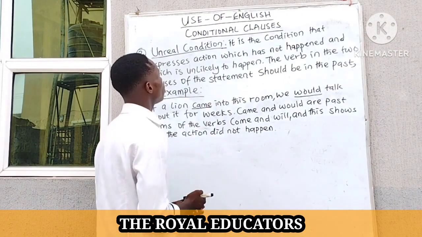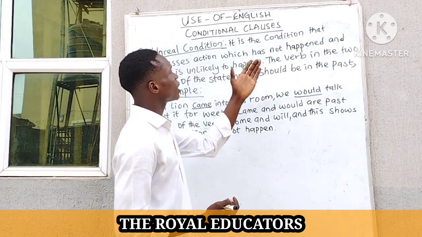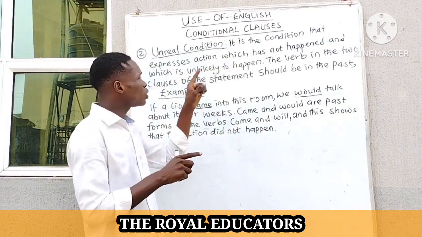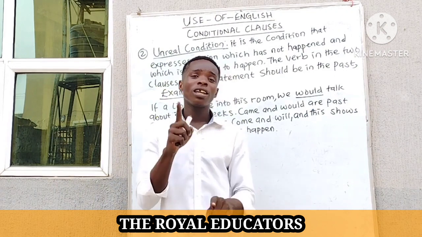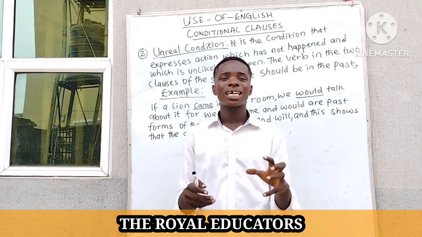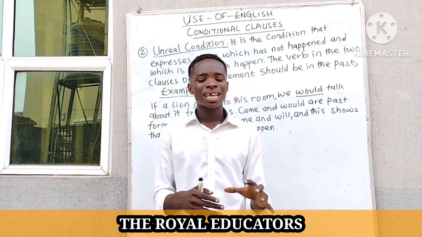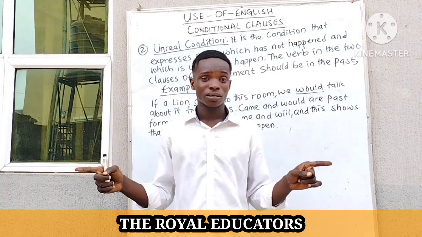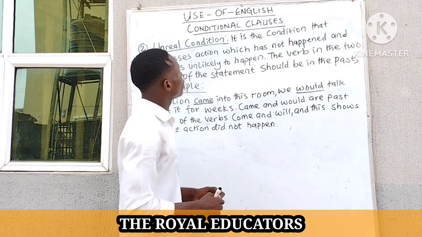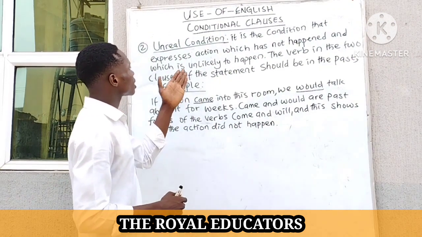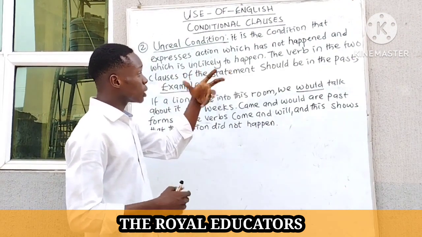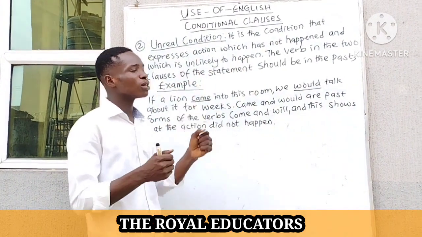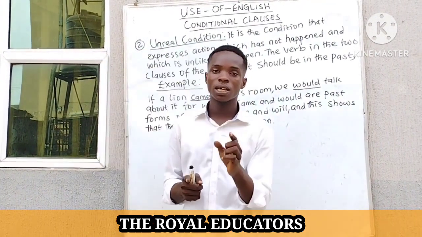The unreal condition expresses action which has not happened and which is unlikely to happen. Remember, the real condition expresses action that is likely to happen or has happened. The verbs in the two clauses of the unreal statement should be in past tense, like I instructed earlier.